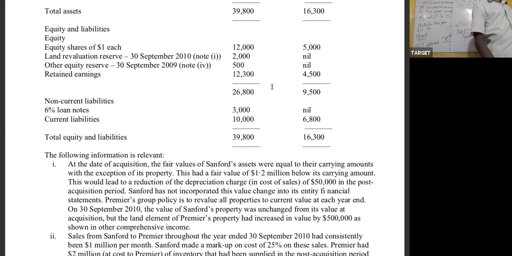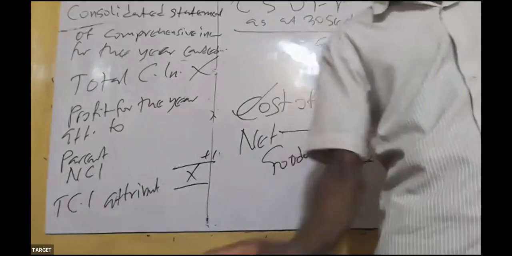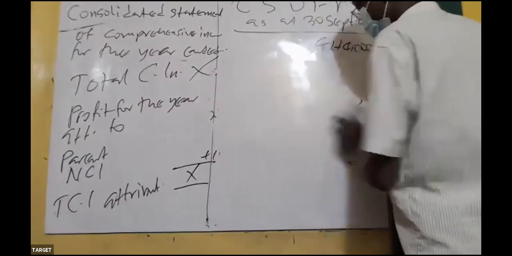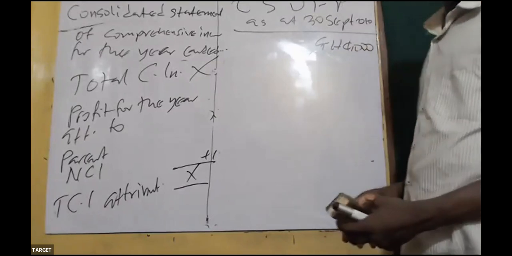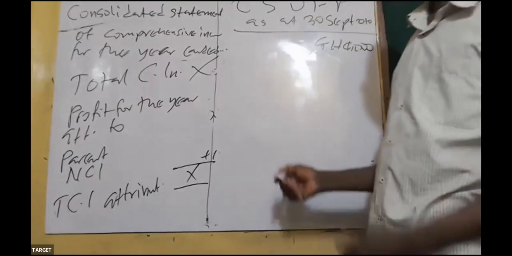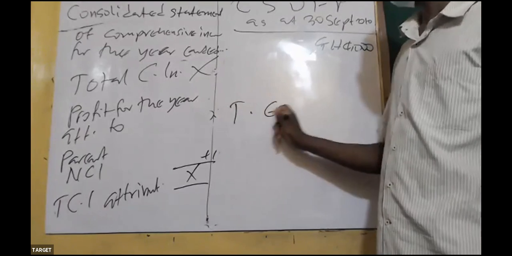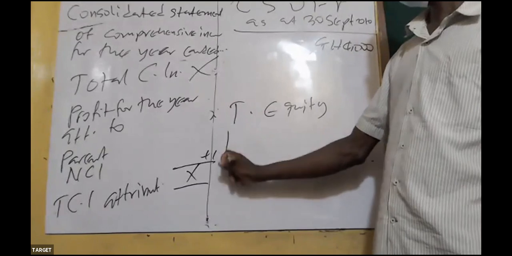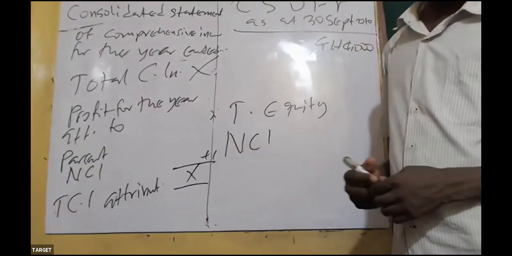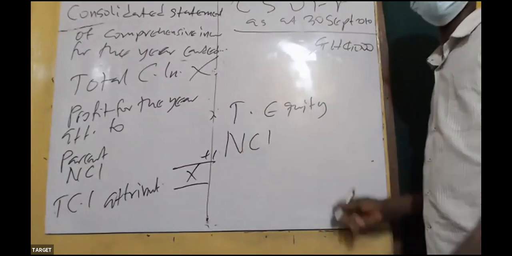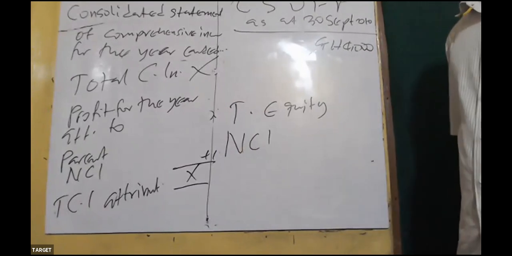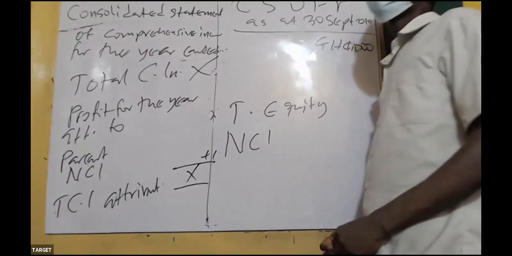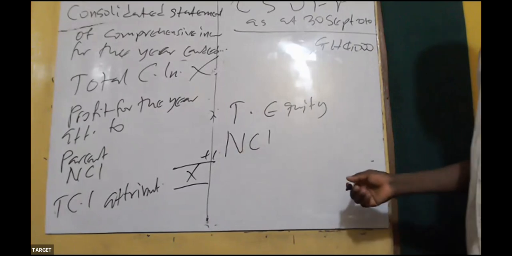So write non-controlling interest, NCI, right after the total of the equity. You leave it without putting anything there. And you move on.